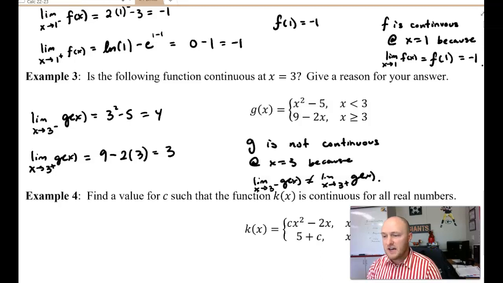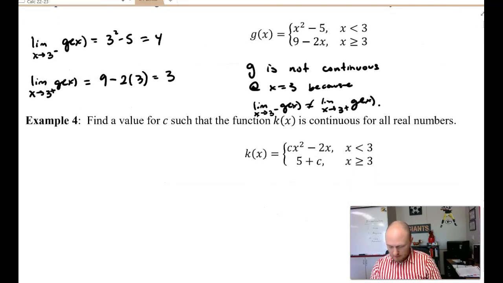You could also say, as another comparable justification, because the limit of g of x as x approaches 3 does not exist. So if the limit doesn't exist, then it's not continuous. All right, so there's our justification.